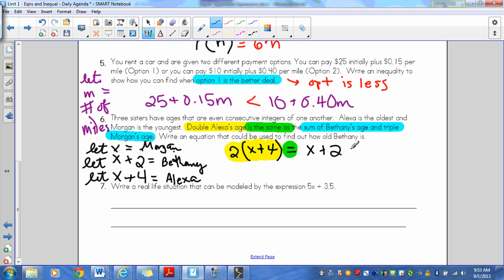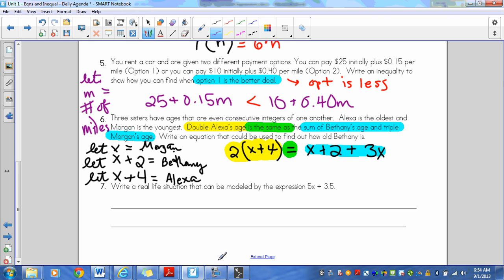I'm going to add Bethany's age to triple, 3 times Morgan's age, x. And that's the blue part. So I did double Alexa's age in yellow, the same as an equal sign in green, and I summed or added Bethany's age, x plus 2, to triple Morgan's age in blue, 3x.